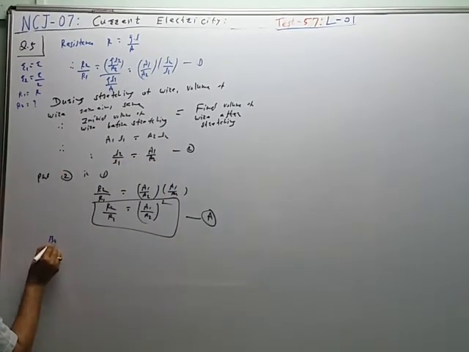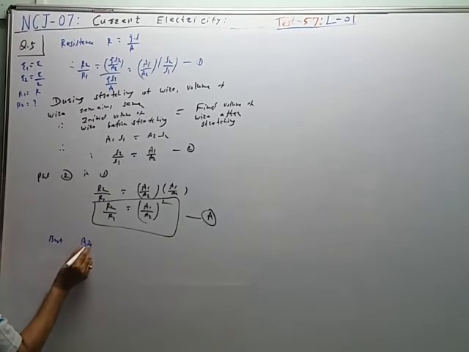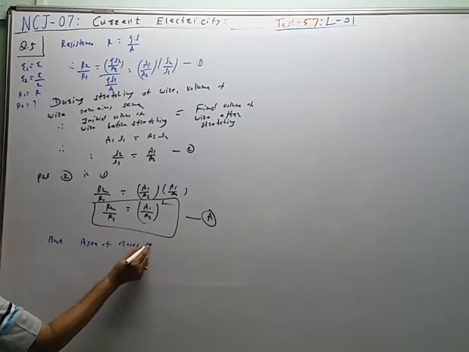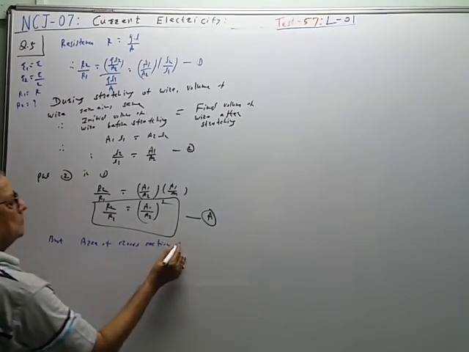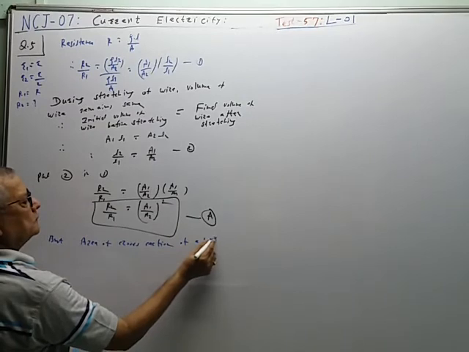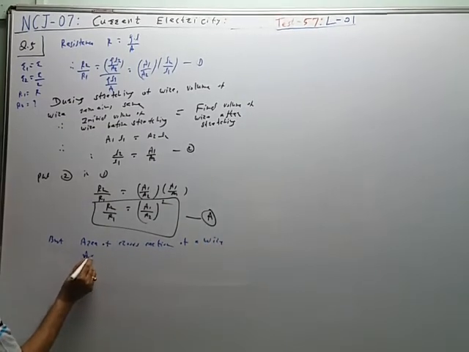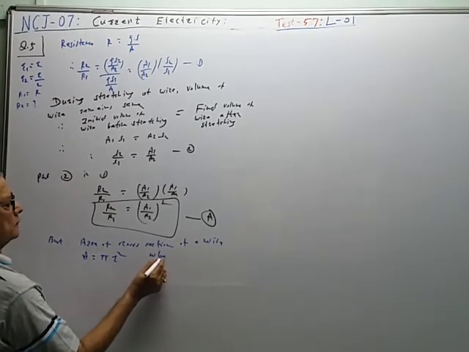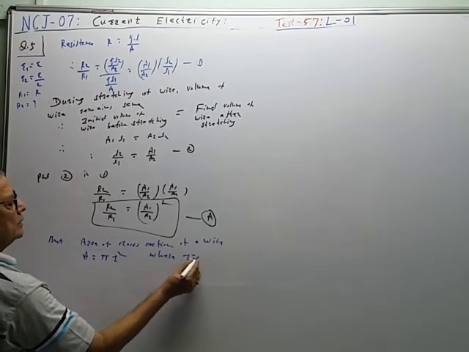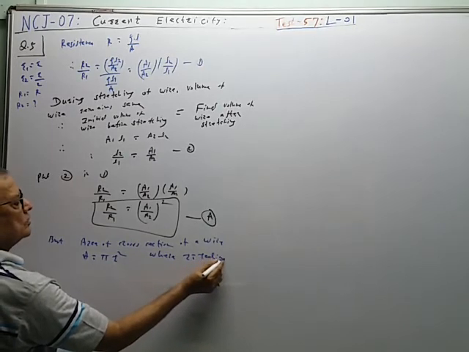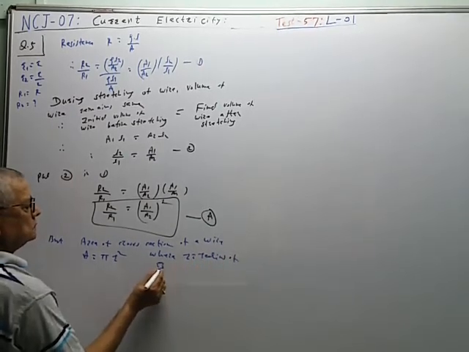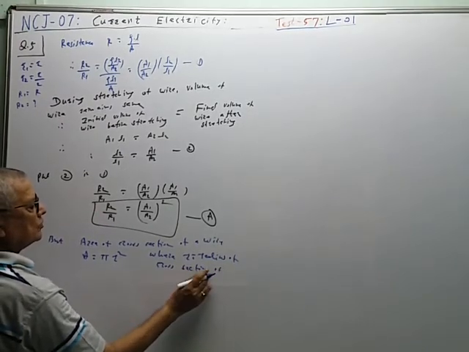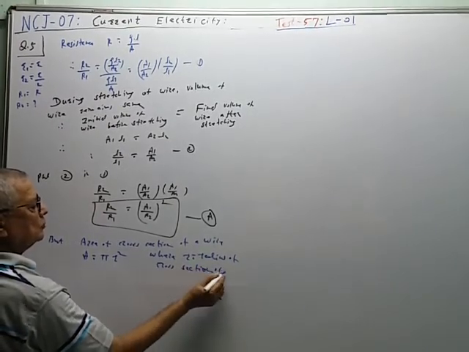But area of cross section of a wire A is equal to pi r square, where r is equal to radius of cross section of wire.